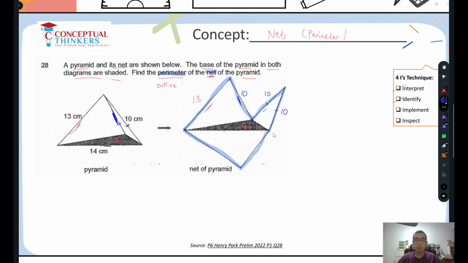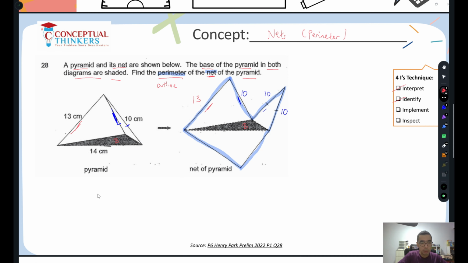Okay. Now, what I feel is the most difficult line to identify if you have problem visualizing is this line. So what happens is the pyramid will be in this perspective. So when you open it up, this 10 cm is joined together with a triangle. So let me try to see whether I can draw this out.